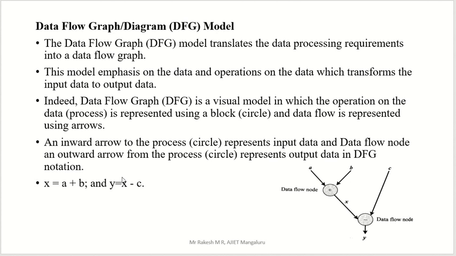And how do we get answer y? y is equal to x minus c. x is the output of the first process, and that output is given as input to another process. With x and c as inputs to this operation, you get another output, which is named y.